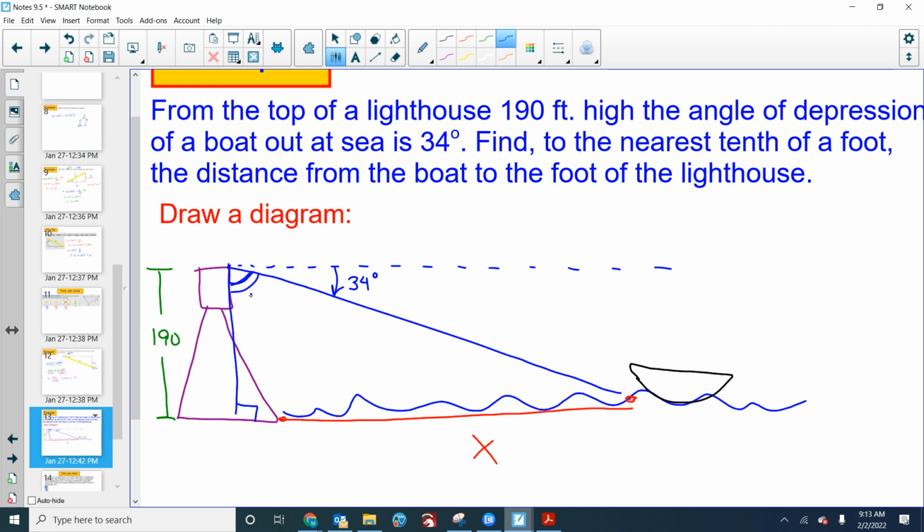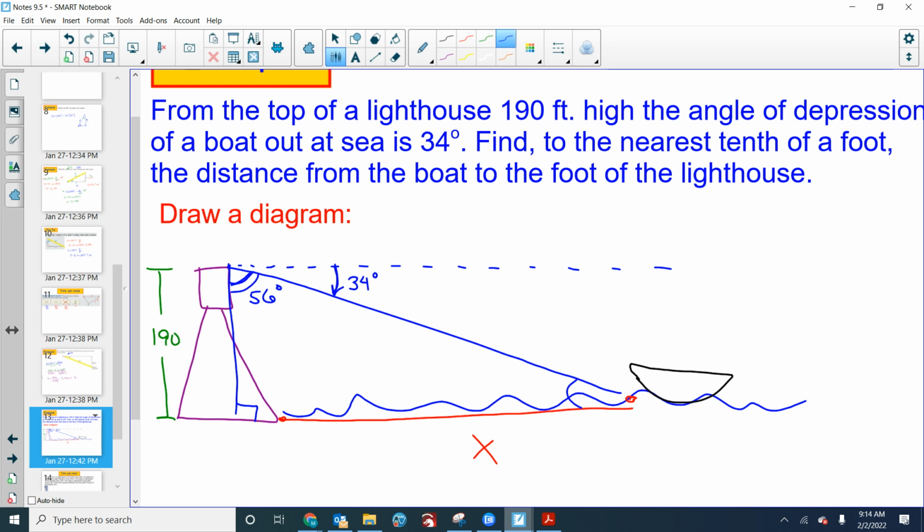Very good. 56 degrees. Do you need me to go back through that, or are you okay? Because look, the imaginary horizontal and this vertical make a 90, right? So if this one was 34, this one had to be 56. Or you could think alternate interior, and then that one's complementary to it. Either way, I don't care.